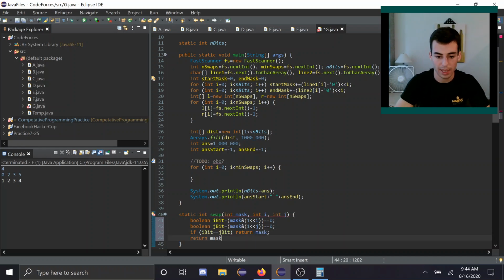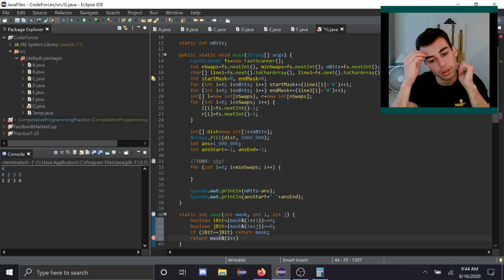Otherwise, return mask and 1 left shift.